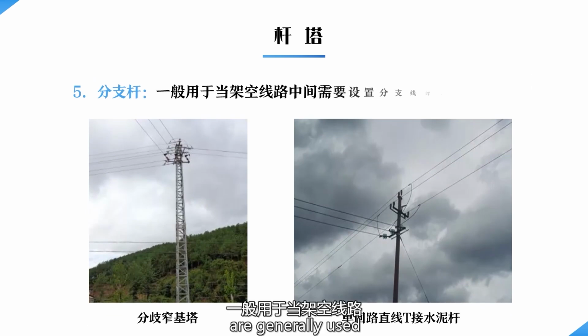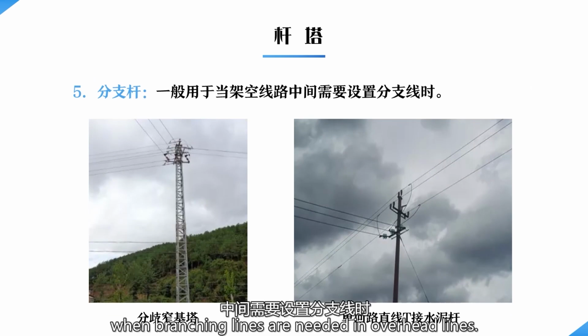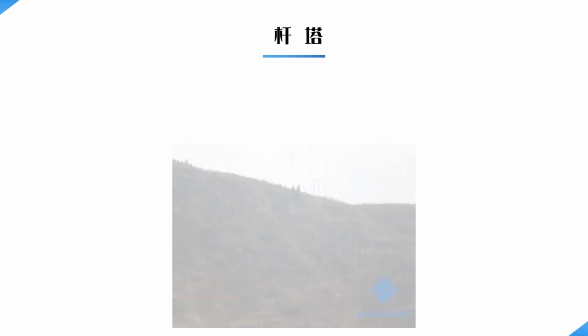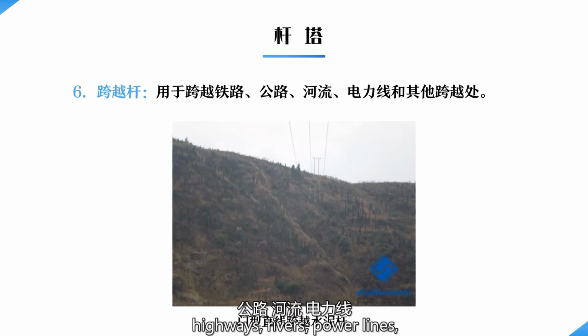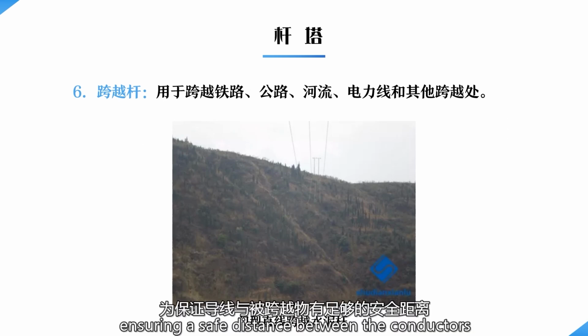Branch poles are generally used when branching lines are needed in overhead lines. Crossing poles are used for crossing railway, highways, rivers, power lines, and other crossings, ensuring a safe distance between the conductors and the objects being crossed.